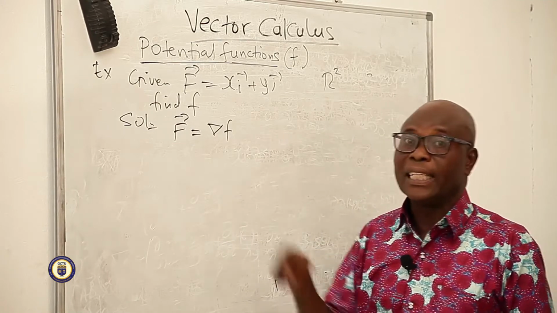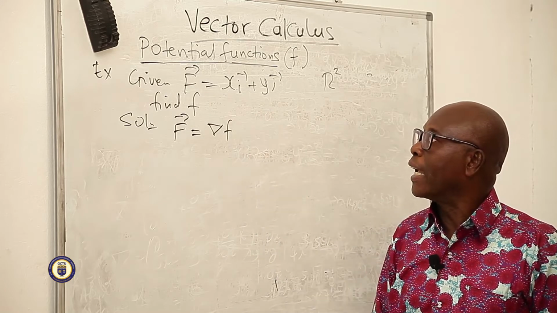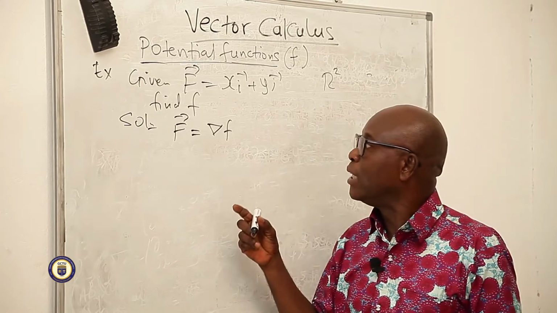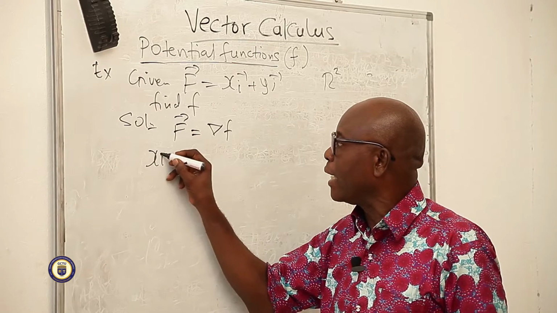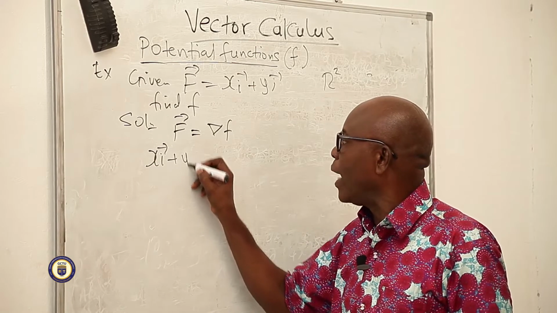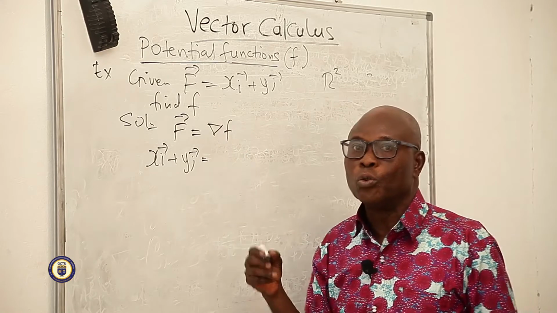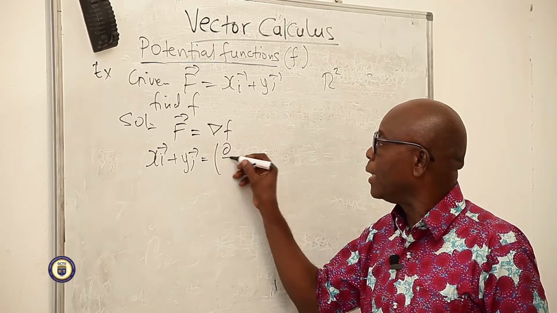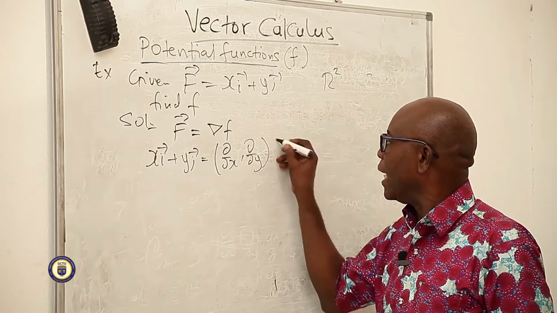In this example, this is a 2 by 2 field F, and so we put in the value. It's defined as xi plus yj. And then since this is a 2D vector, del is partial x, partial y, then f.